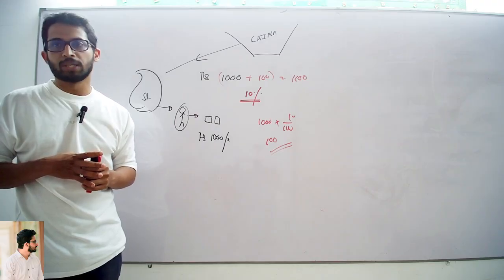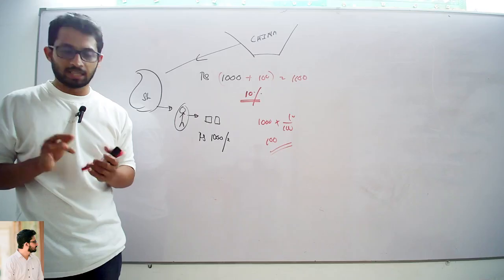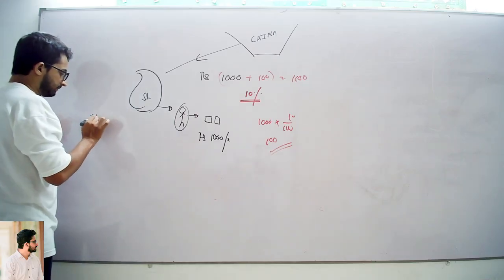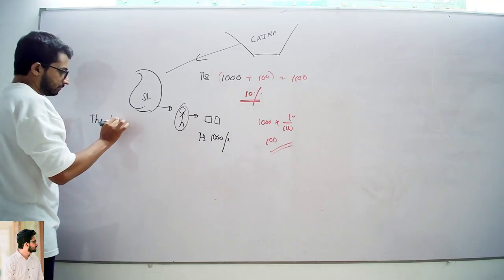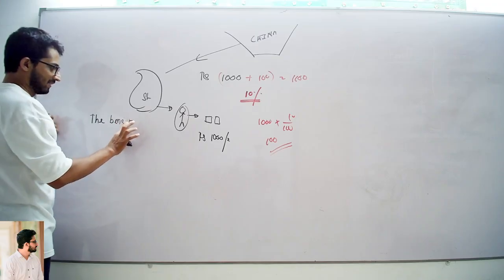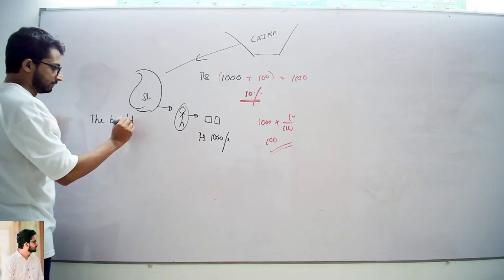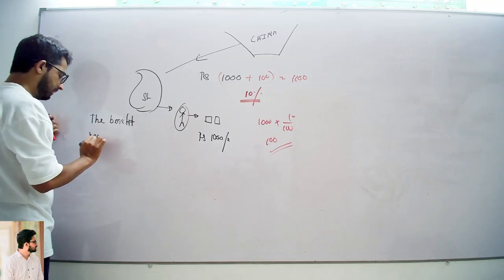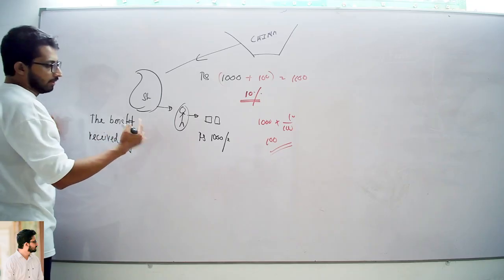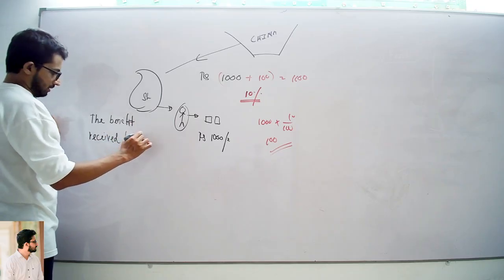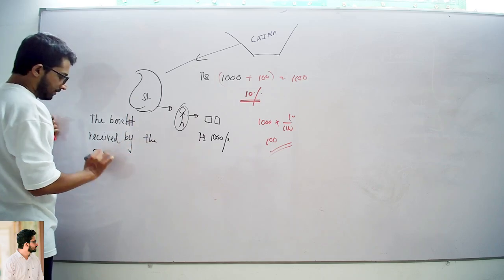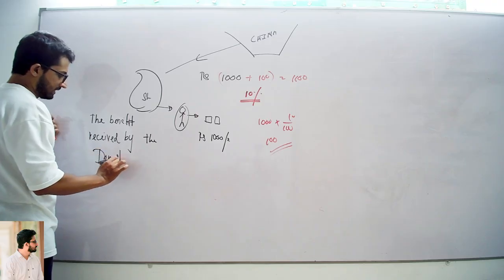Simple idea: nominal protection means the benefit received by the domestic producers.